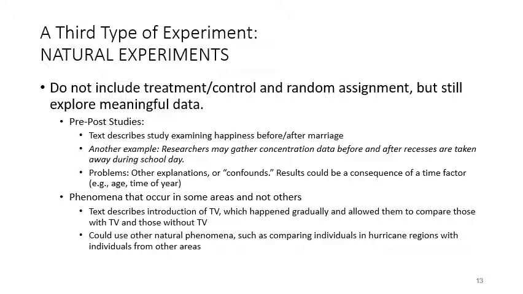And finally, the wildfires or hurricane example, these people did have different experiences because of natural phenomena. So even though the researcher didn't manipulate anything, life's outcomes seem to have chosen people at random to experience one or another thing. And so we have the random assignment, and we have sort of a treatment control going on. It's just that the researcher didn't do it, and that's why these are called natural experiments.